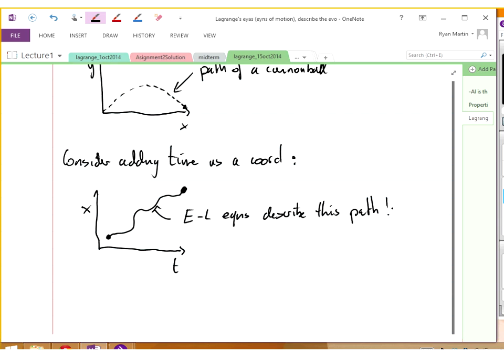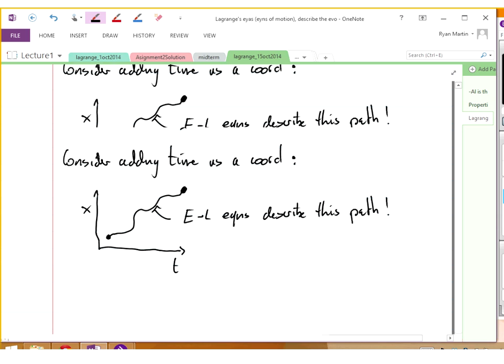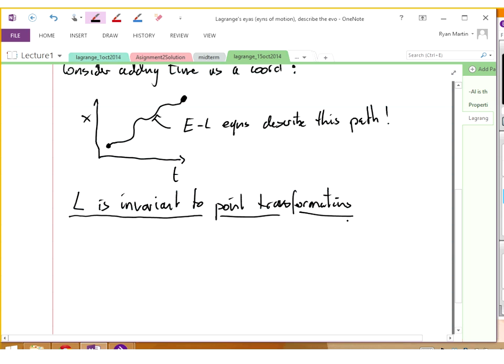Now, the Lagrangian is invariant to point transformations. So let's write that down and we'll think what it means. So remember, L is the kinetic energy minus the potential energy.